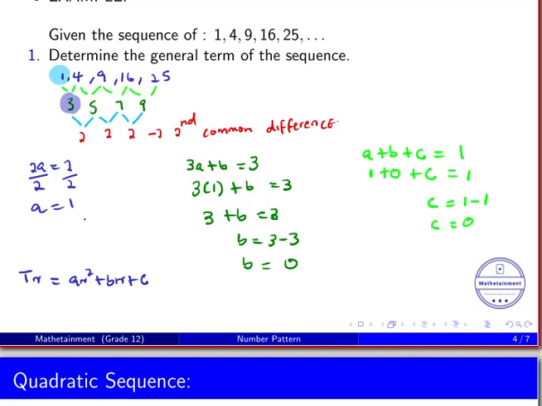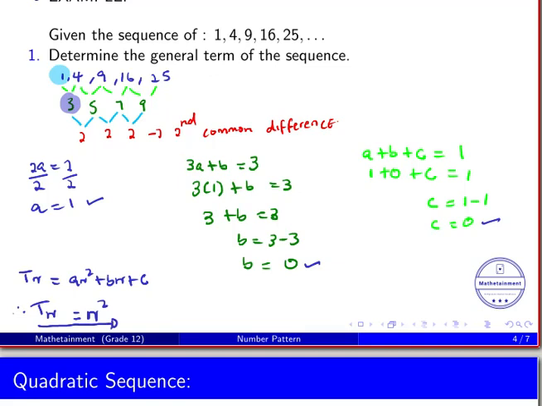You know your a is 1, b is 0, c is 0. Therefore, your Tn is equal to 1 times n squared plus 0n plus 0, which is n squared. So this is your general term of this sequence.